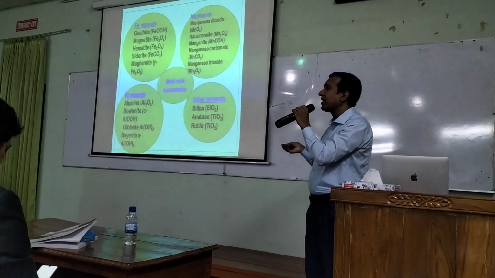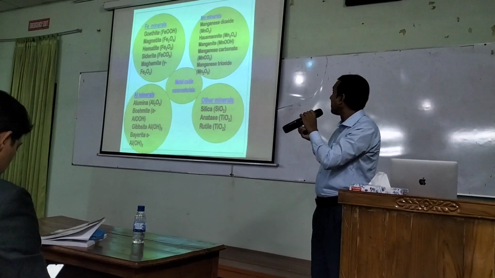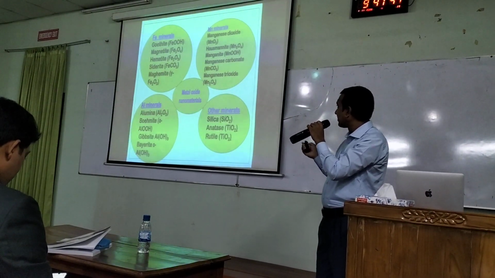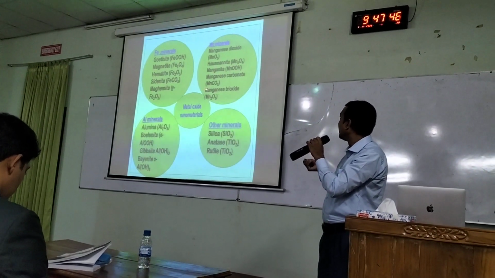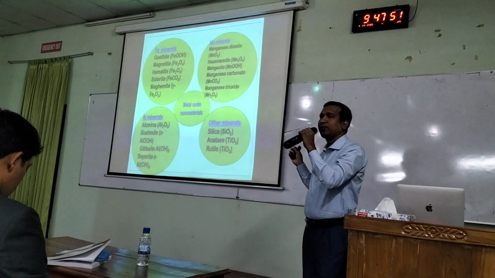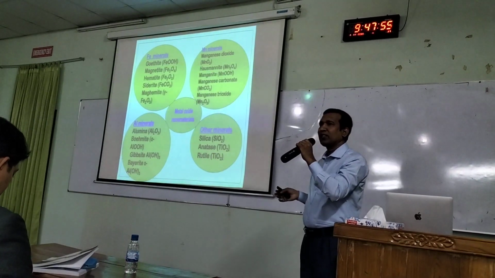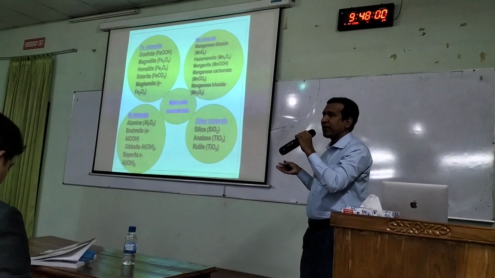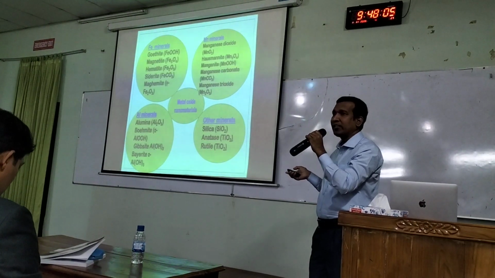Here I have shown various types of nanomaterials: iron-based, manganese-based, aluminium-based, and other nanomaterials. Our target is to use manganese oxide-based nanomaterials because manganese oxides are available in soil, sediment, and aquatic environments, are very simple to prepare in the laboratory, and are environmentally friendly.